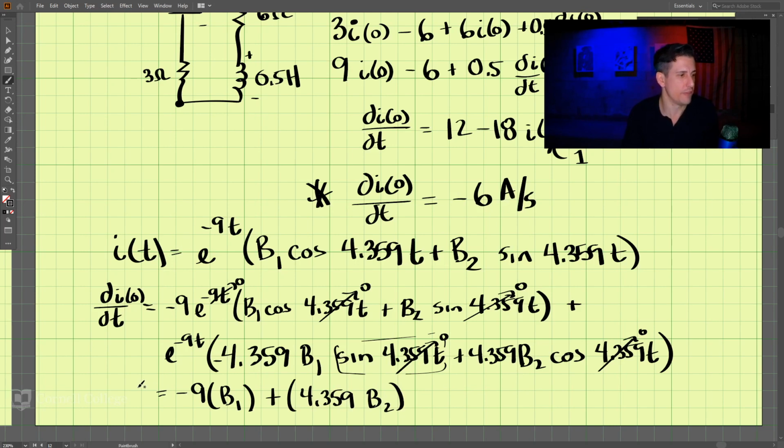And we already know that this is equal to negative 6. So we put in negative 6 here.